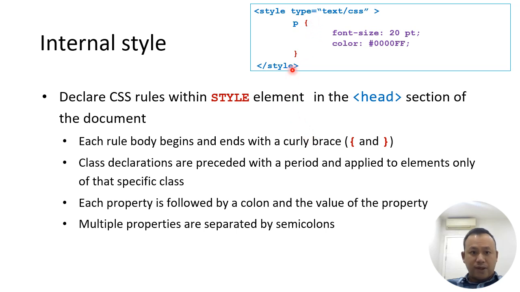Class declarations are preceded with a period and apply only to elements of the specific class. Each property or attribute is followed by a colon, then the value, and multiple properties are separated by a semicolon. We have the attribute font size and we have the attribute color.